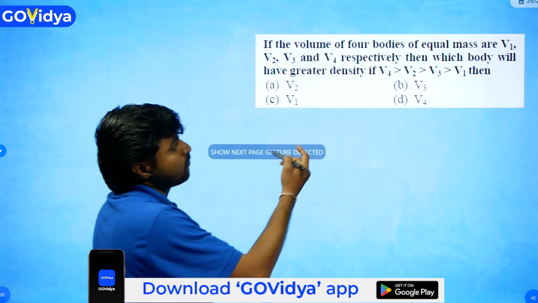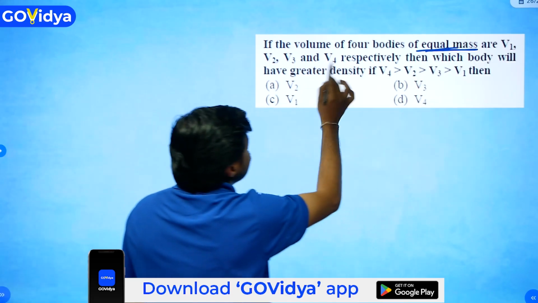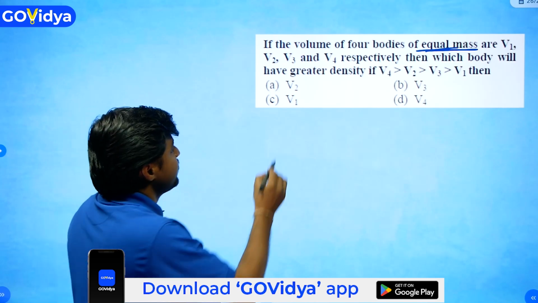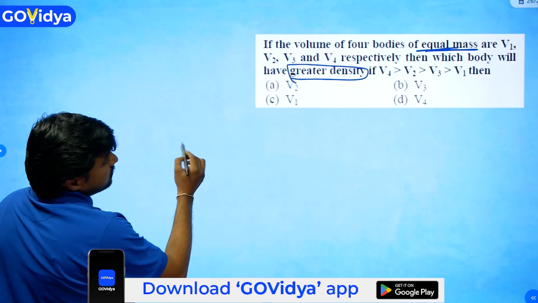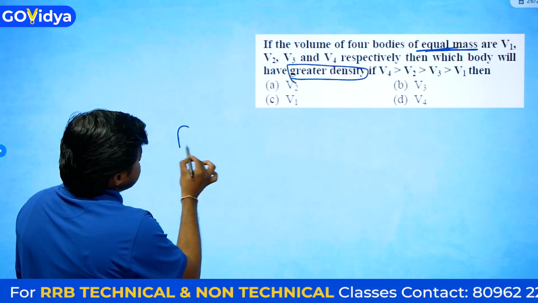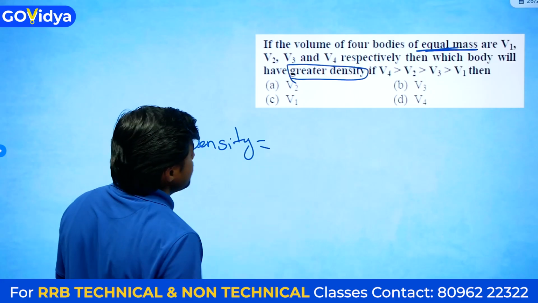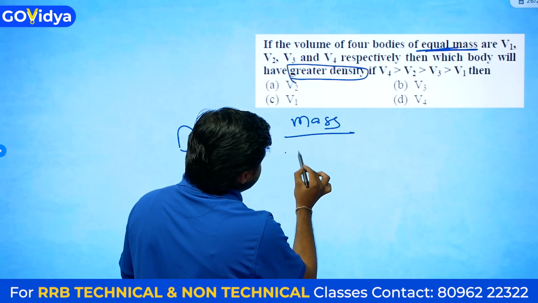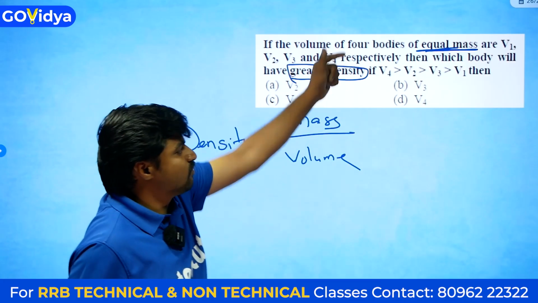The volumes of 4 bodies are V1, V2, V3, V4 respectively, and they have equal masses. Which of the following bodies has greater density? Density is equal to mass by volume. In the question they are saying equal masses.